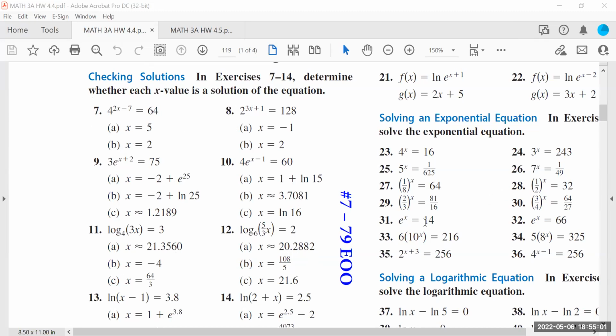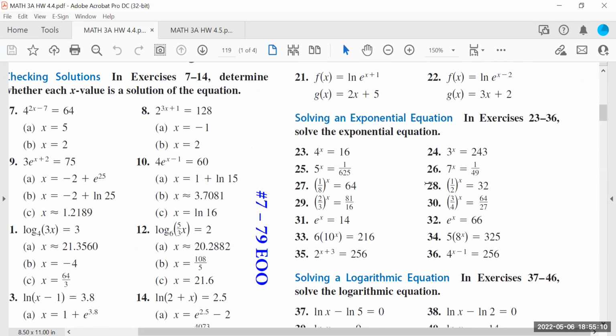But I'm going to do numbers 25, 29, 33. And those directions want us to solve the exponential equation. Now on 4.4 in either class, I didn't get a chance to really go over all of the notes, but here's the summary. Two basic strategies for solving exponential or logarithmic equations are the inverse properties or the one-to-one properties.